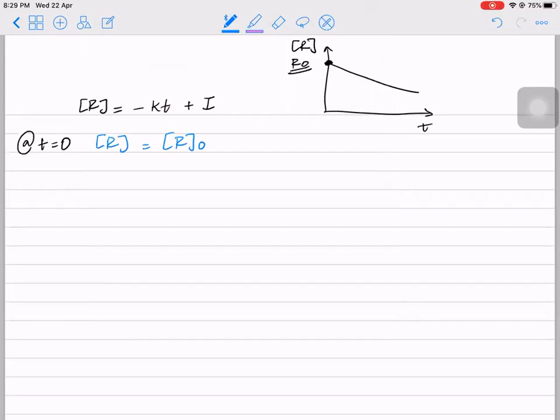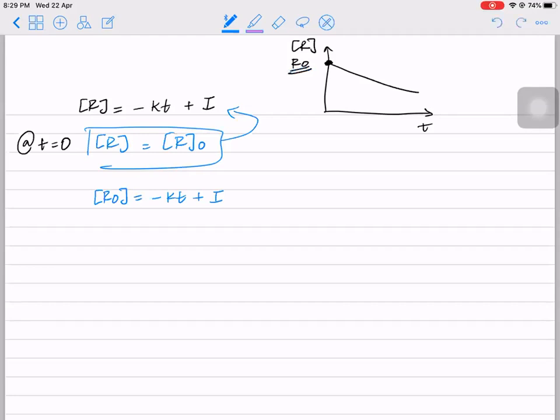So what am I going to do now? I'm going to substitute this in this equation right here. So can I say it will basically be R naught equals -kt + I, right? Because R naught is my reactant concentration at T0.